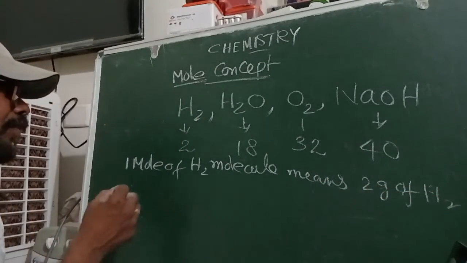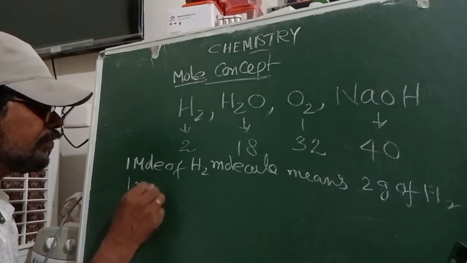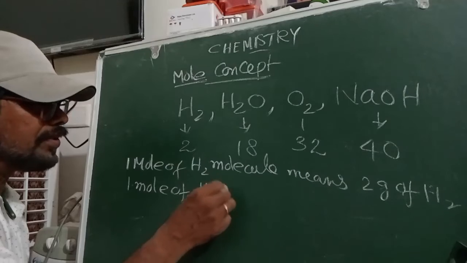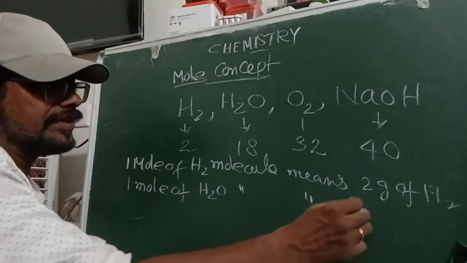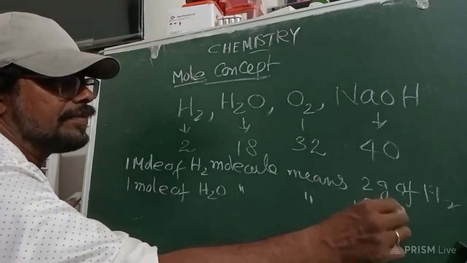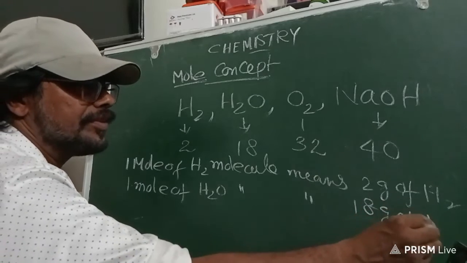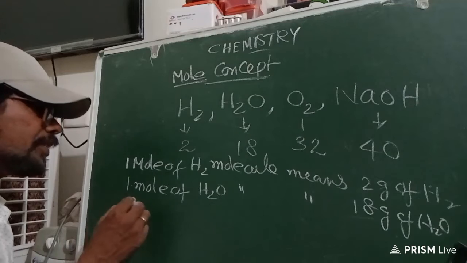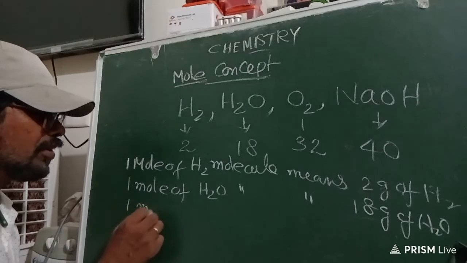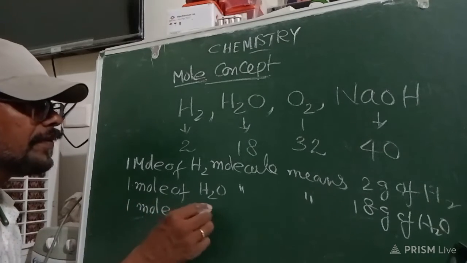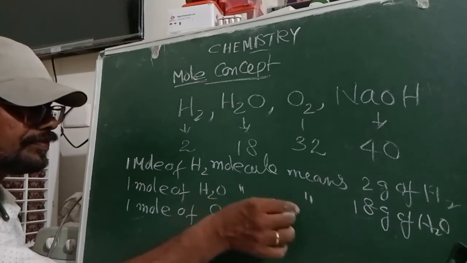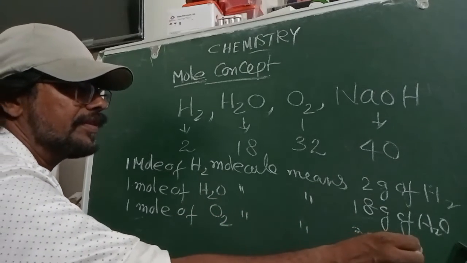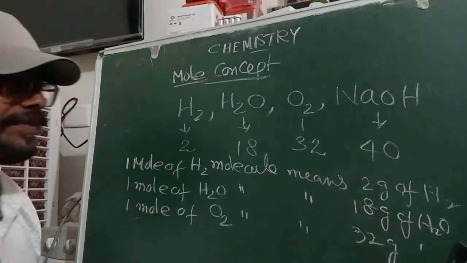Understand? Now, 1 mole of water molecule means 18 grams of H2O. Similarly, 1 mole of oxygen molecule means 32 grams of oxygen.